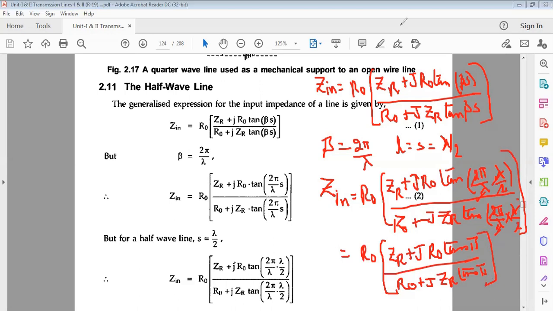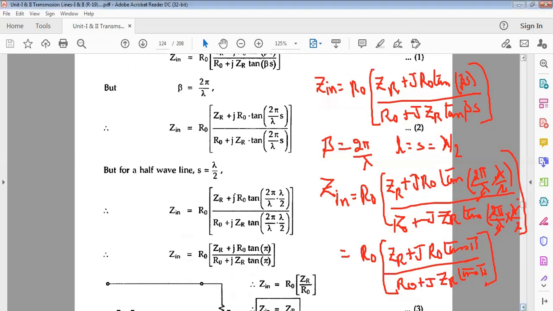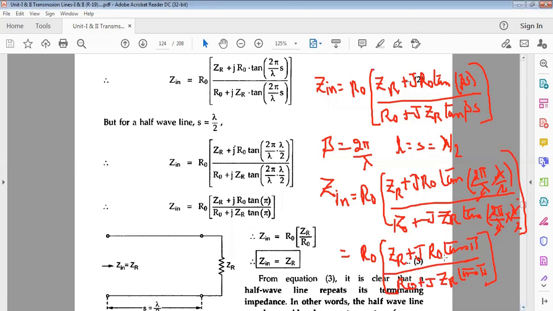So what is tan pi? Sin pi by cos pi. Sin pi is 0, so you get 0 for the second term. So Zin is equal to R0 into ZR plus 0 in the numerator, and in the denominator also R0 plus 0. The R0 gets cancelled.